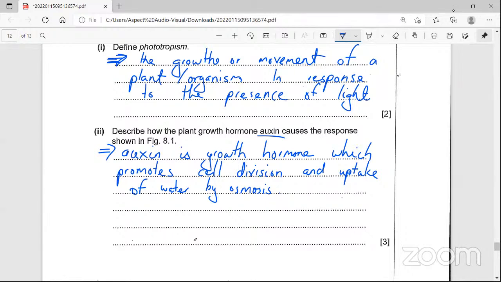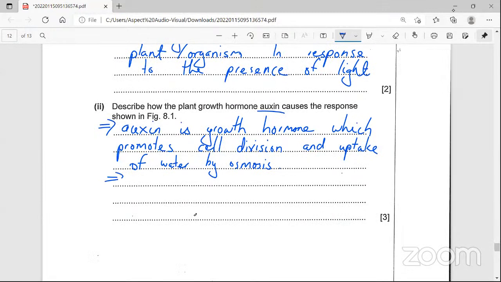Auxin will cause the main changes at the center of the plant. Yes, exactly. You need to mention that this takes place where? On the side away from the light. Are we together? Away from the light.